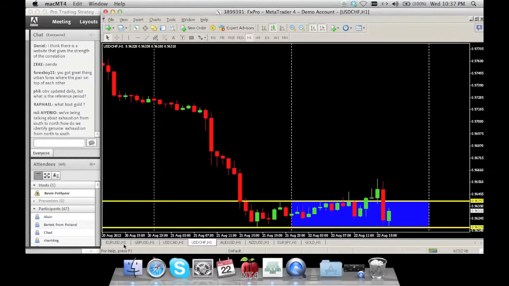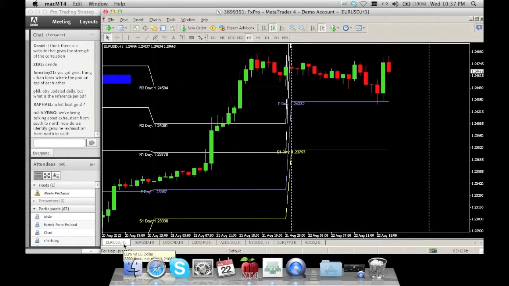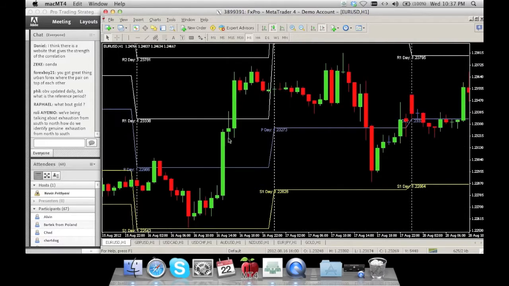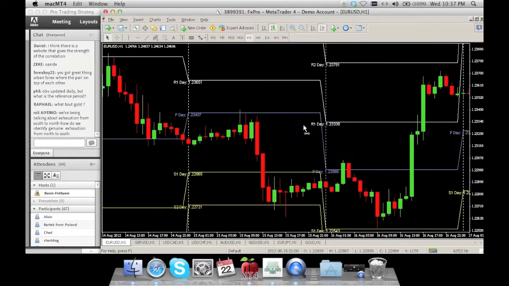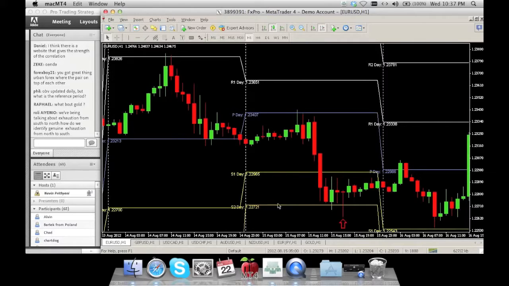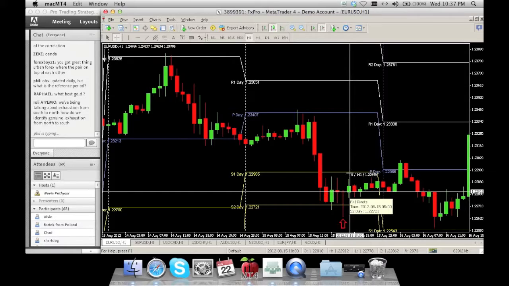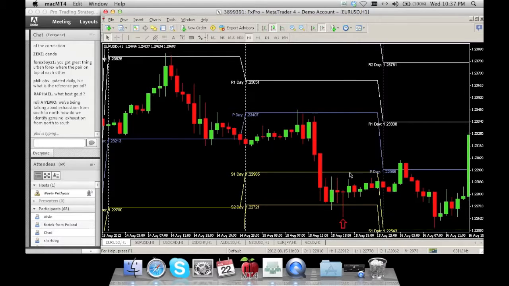Now, what do we need to do? This is the first trade that we saw. We saw an exhaustion, bouncing off a support or resistance, and the market is now continuing, and you know that from here to here you have a guaranteed profit of 14 pips. How many of you guys are happy with 14 pips?